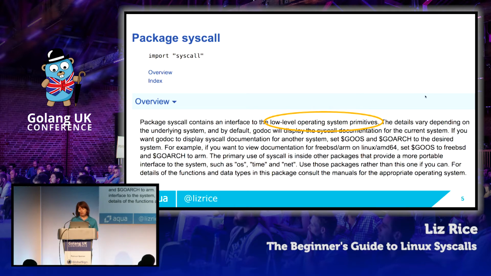And it also tells us at the end here, for further details, you're going to have to consult the manuals for the appropriate operating system. So pretty much from here on in, we have to look at the Linux man pages. I'm using Linux as my operating system. I believe there are other operating systems that exist. The principle is pretty much the same, but for the purposes of today, we'll talk about Linux.